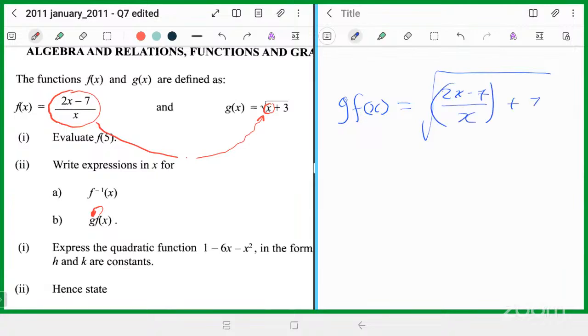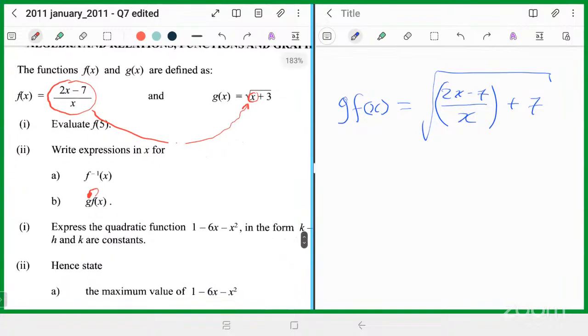Plus 7 beside it. That is it. I don't need to bracket this, but I can just bracket it still. Doesn't really matter whether I bracket it or not. But that is it. That's where the x was a while ago in the g. I replace it with all of the f. Yes, sir. That is it.